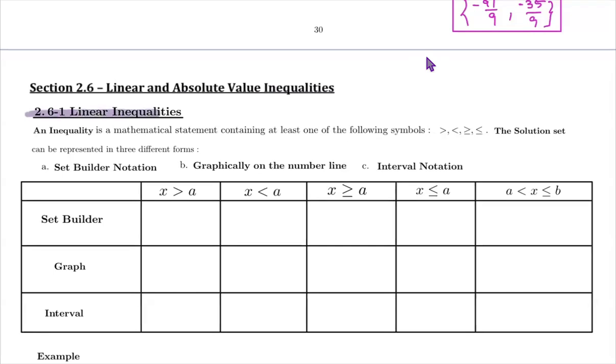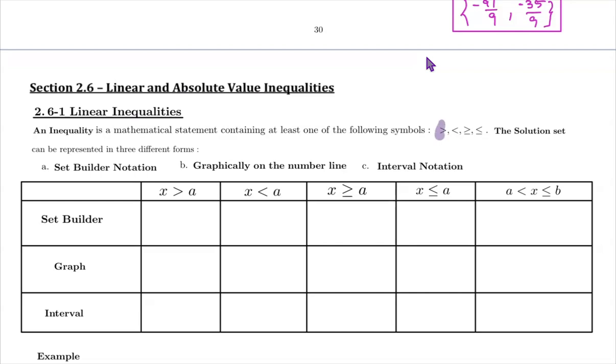A linear inequality is a mathematical statement containing at least one of the following symbols.